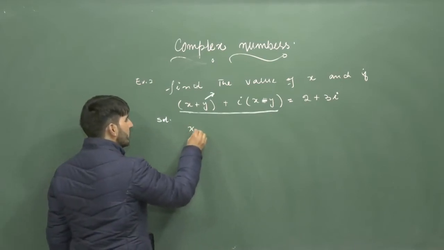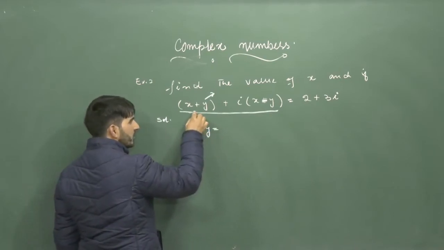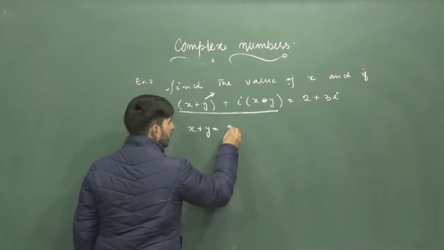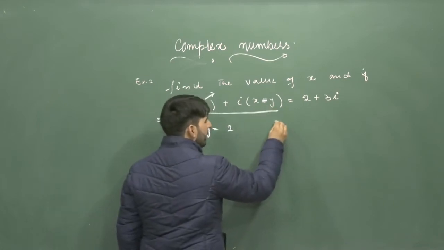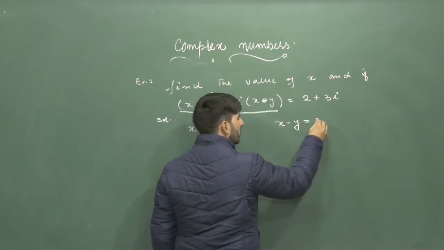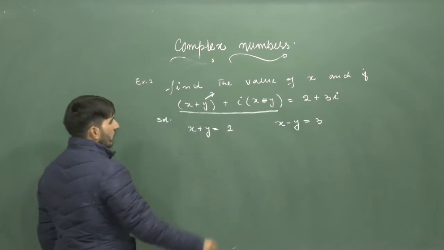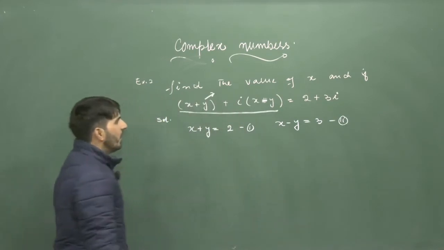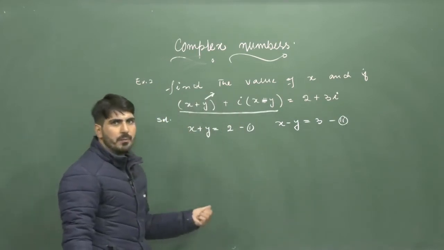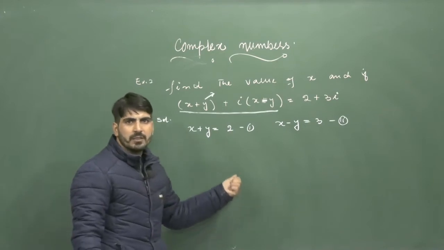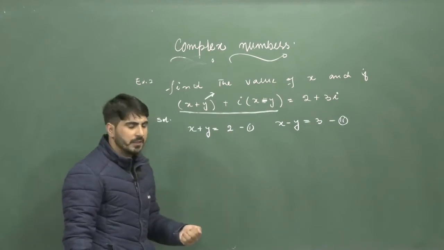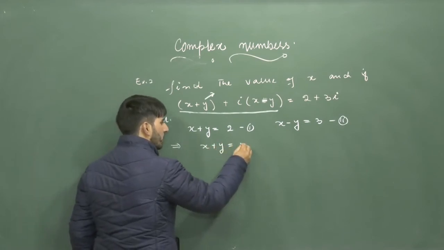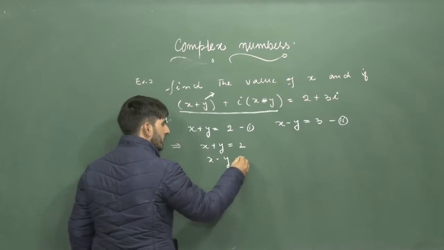So here x plus y, the real part of this complex number, is equal to the real part of the other complex number, that's 2. And for the imaginary part, x minus y is equal to 3. So this is first and this is second. We have to find the value of x and y, so we have different methods: either the elimination method, the cross multiplication method or the substitution method. Here solving first and second, we have x plus y is equal to 2 and x minus y is equal to 3.